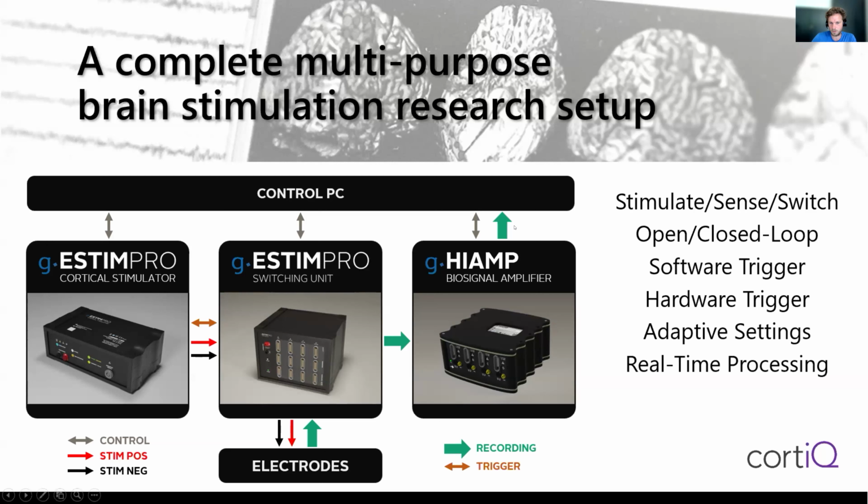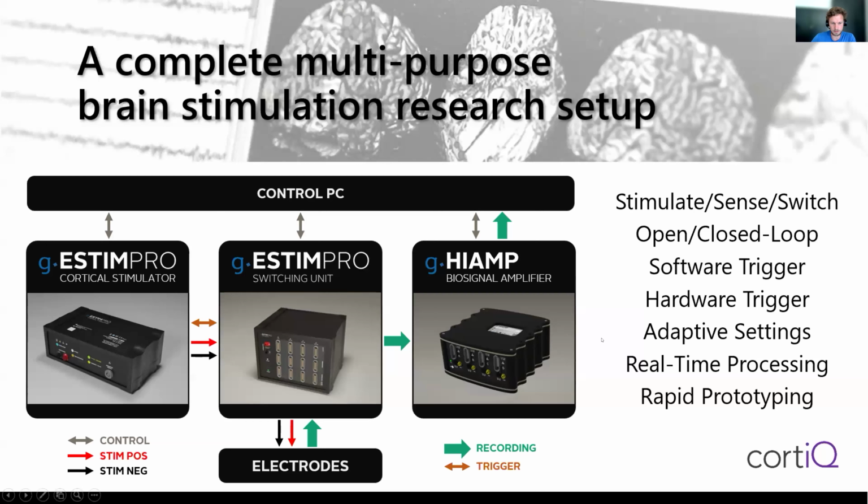Exactly, and with the HIME, we are able to do all this processing in real time, and with the g.tec software platform, which is a Simulink toolbox, we are able to very quickly prototype new neuromodulation or brain stimulation experiments, because HICIS just features building blocks for the stimulator, for the switching unit, and for the high amp, and you can just connect them and set up your experiment.